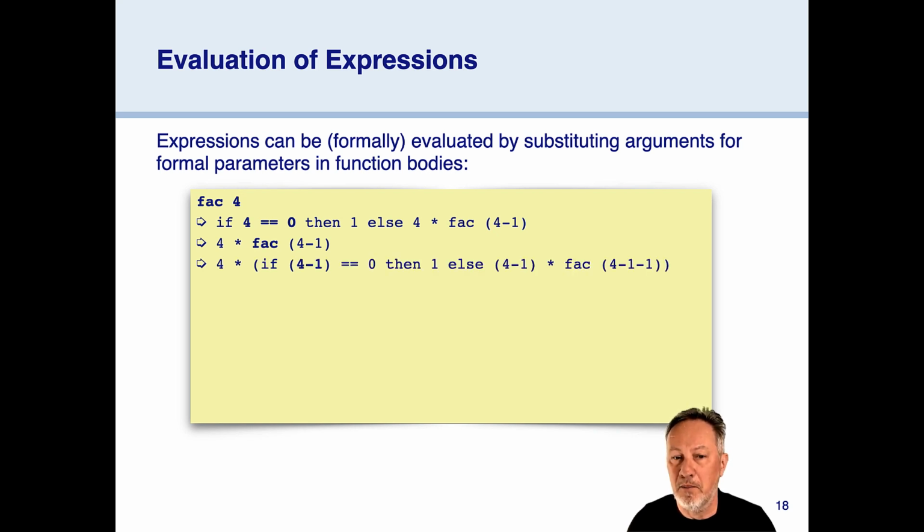So this naively macro expands fac to its body. Now we'll have 4 times, if 4 minus 1 equals 0, then 1, else 4 minus 1 times factorial of 4 minus 1 minus 1. Notice we still haven't evaluated 4 minus 1 anywhere. However, at this point, to make any progress, we need to compare 4 minus 1 to 0.